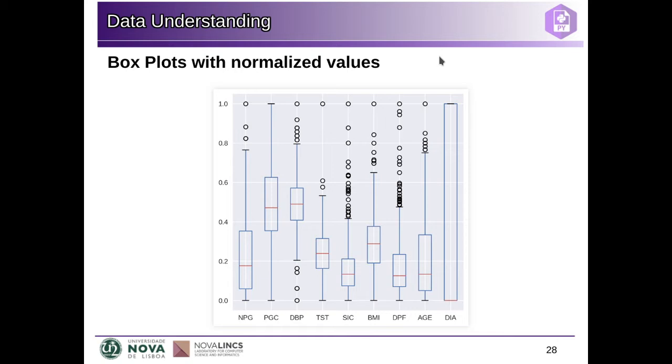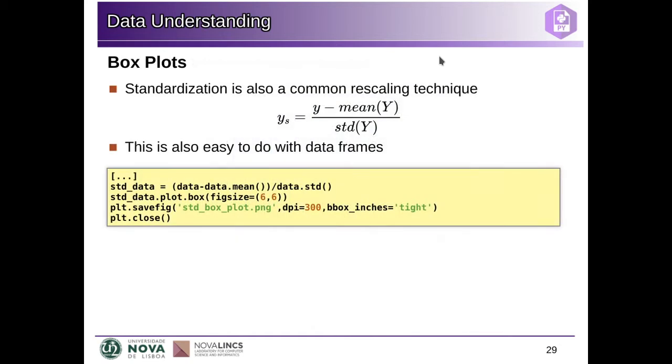But this may not be a very good way of rescaling our data. Depending on how the data is distributed, you can also use standardization. While normalization will get you everything between 0 and 1, standardization will get you everything with a mean of 0 and a standard deviation of 1. So all the series will be centered at 0 with a standard deviation of 1.